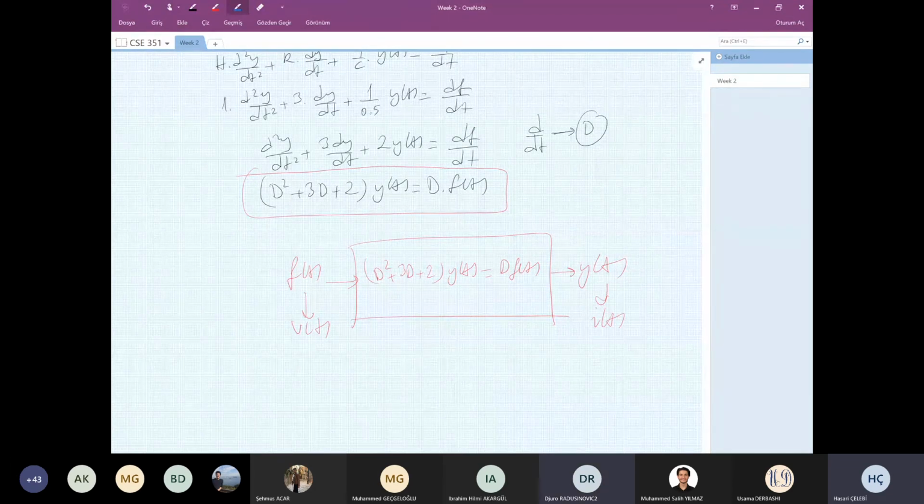Hocam, will there be class tomorrow? No, we just said it's from 1:30 to 3:30, right? Sometimes we're going to do it from 2:30 to 4:30. It depends on my schedule, because from 1:30 to 2:30 there are some senior design projects, bitirme projeleri, in some weeks, maybe 2 or 3 weeks throughout the semester.